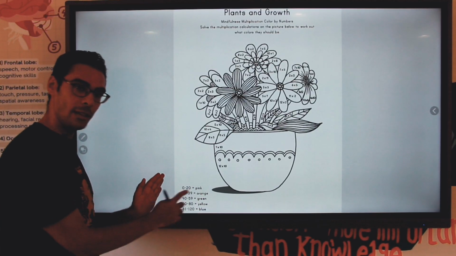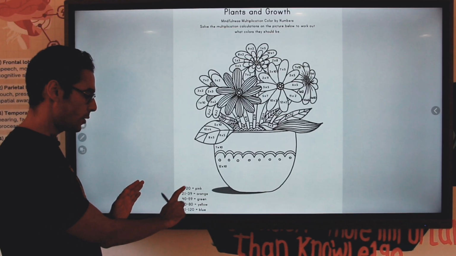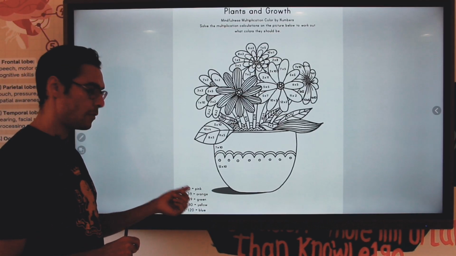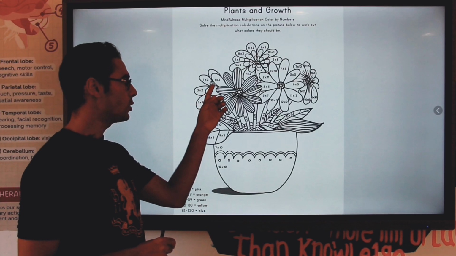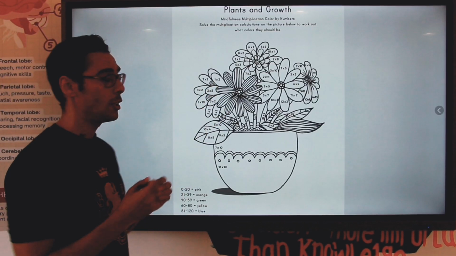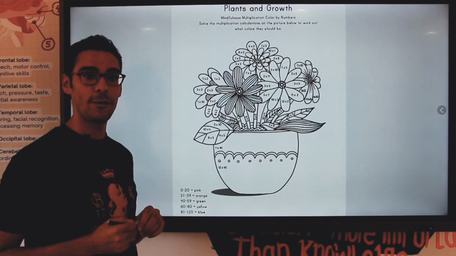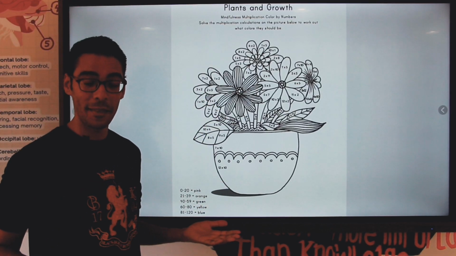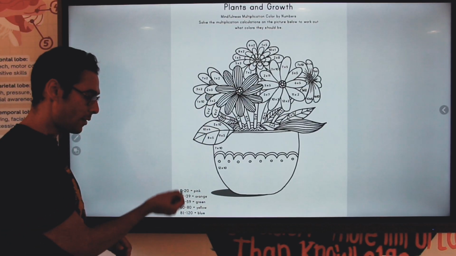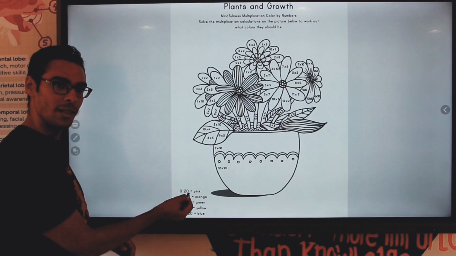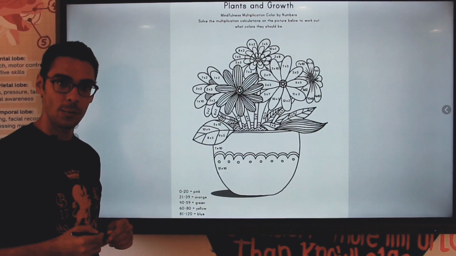So in the color scale that you have here, from 0 to 20 gives you pink. So 1 times 2, that's pink. You're going to color this leaf pink. The next one, 2 times 5 equals 10. Amazing. So the 10 is found in the range between 0 and 20, so it's going to be colored pink as well.